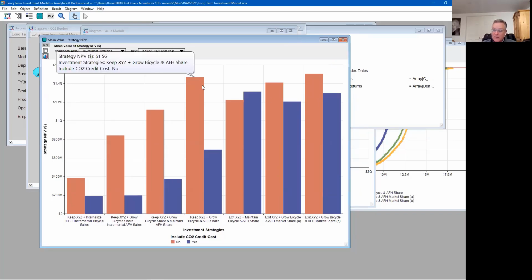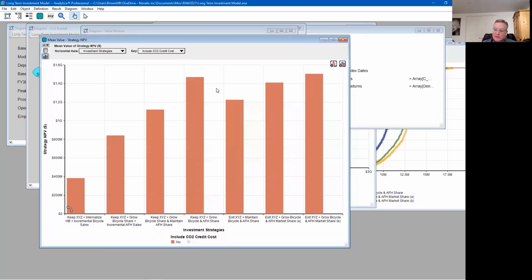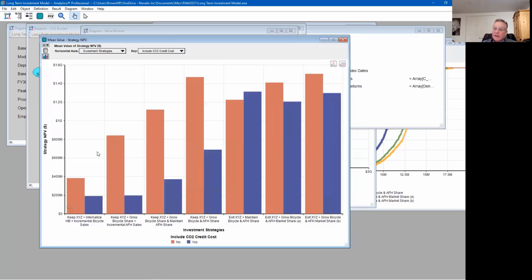So before, if I looked at these only in terms of the returns that each generate, I would have to think about what is causing the difference between this strategy and this strategy, because these are really my two best strategies. They have almost exactly the same economic value. But then when I add in that social value of carbon, this strategy has been significantly reduced in its overall value.